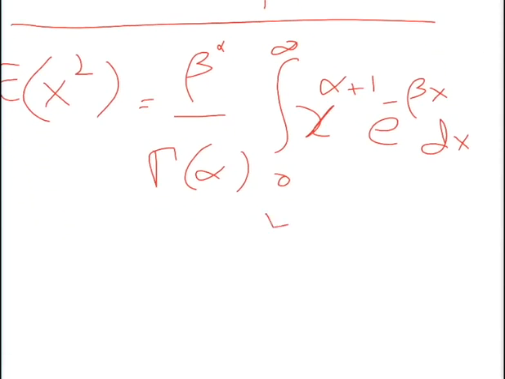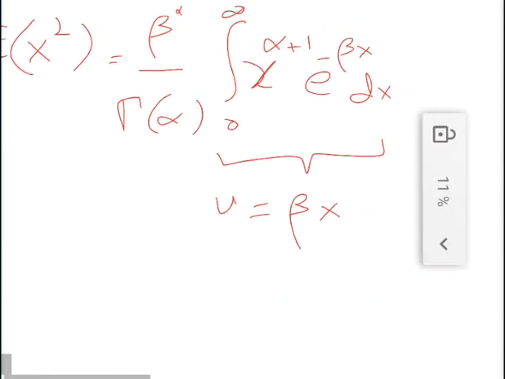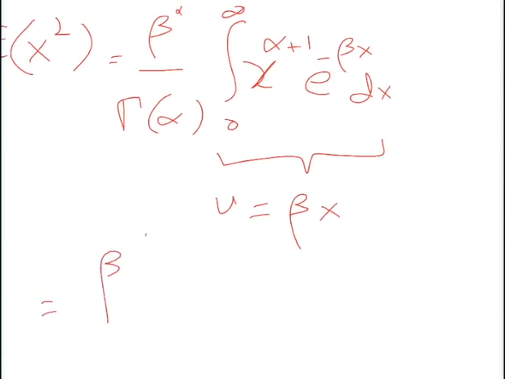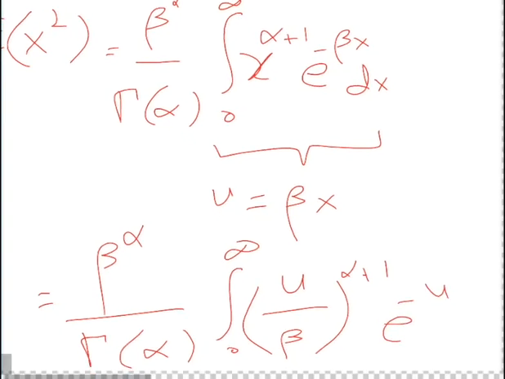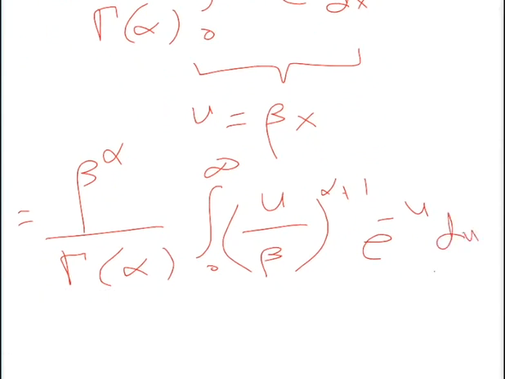Again here I'm going to use u is equal to beta x and do the same procedure as before, and I will get something like beta to the alpha, integral from 0 to infinity of u over beta to the alpha plus 1, e to the minus u, and then du over beta.